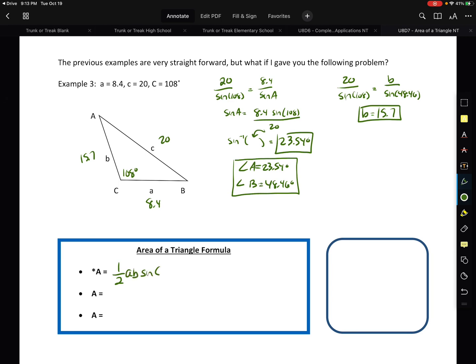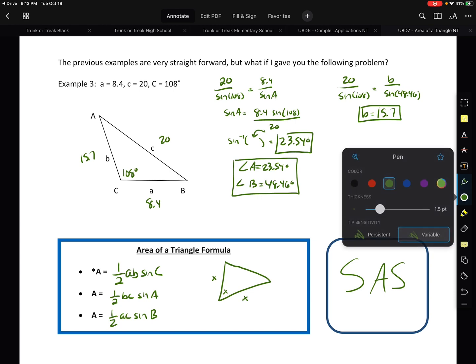Area equals 1/2 AB sine C, 1/2 BC sine A, 1/2 AC sine B. The key thing is that to be able to use this formula, you have to have side angle side. If you have a picture where you have this side and this angle, this side angle side setup, you can find the area of the triangle.